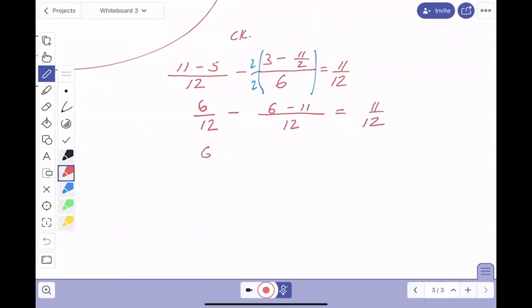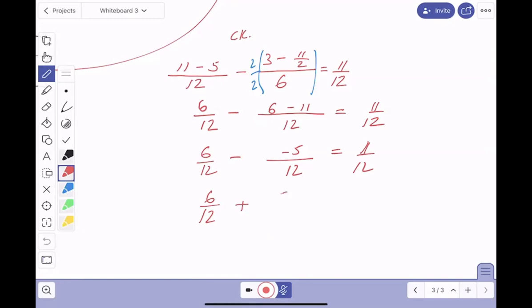Let's take a look at this. 6 over 12 minus, what's 6 minus 11? It's minus 5/12. This is 6/12 plus, I think I made a mistake somewhere. Oh, no, I didn't make a mistake.